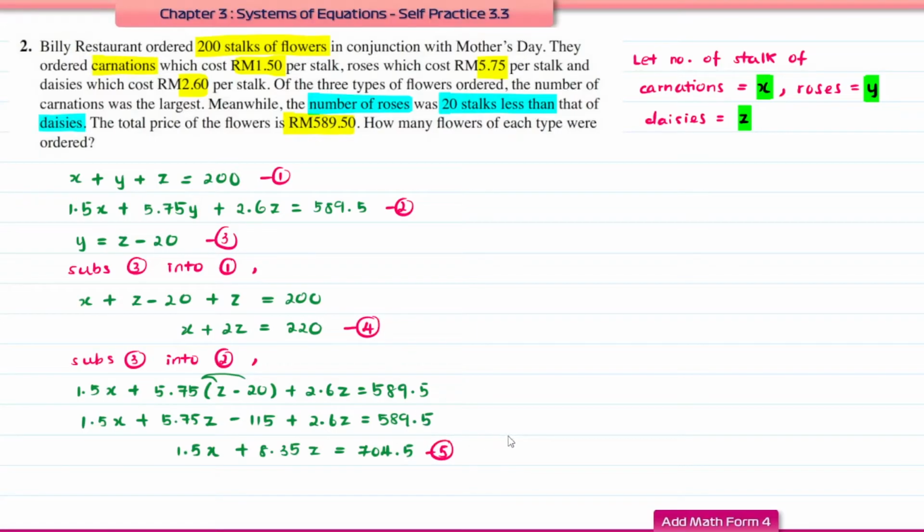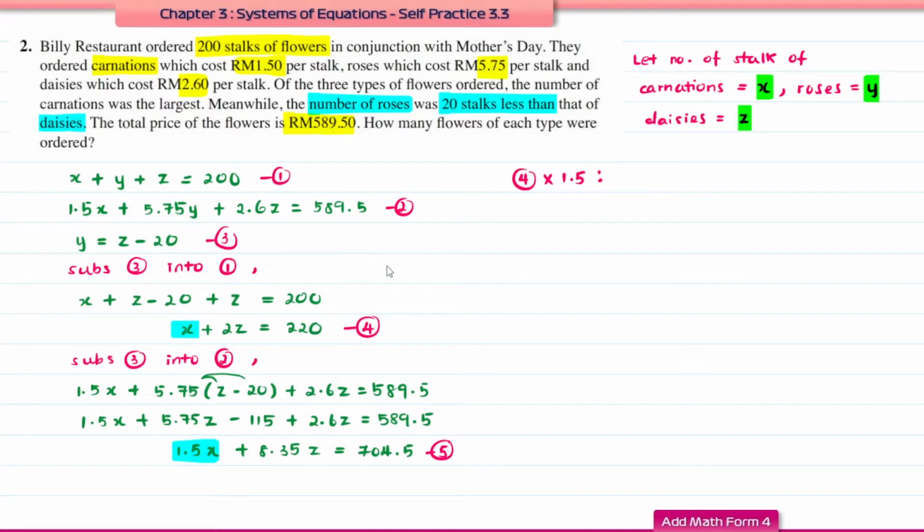Now we can solve this just like simultaneous linear equations. So here I'm going to eliminate the x. Therefore, I'm going to equalize the x. For equation number 4, I'm going to multiply it by 1.5. So each of the terms here, we're going to multiply by 1.5.